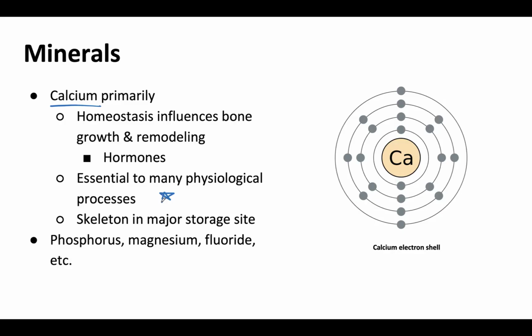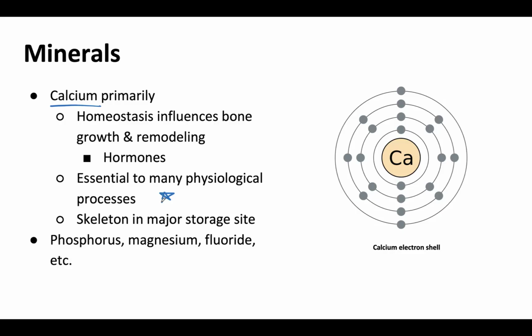But 99% of the total body calcium is stored in the skeleton. So you can imagine that if the blood calcium levels are too low, which would be bad for, say, the function of the muscles or the nerves, we need to increase the blood calcium levels by releasing some of the calcium from its storage spot in the skeleton.